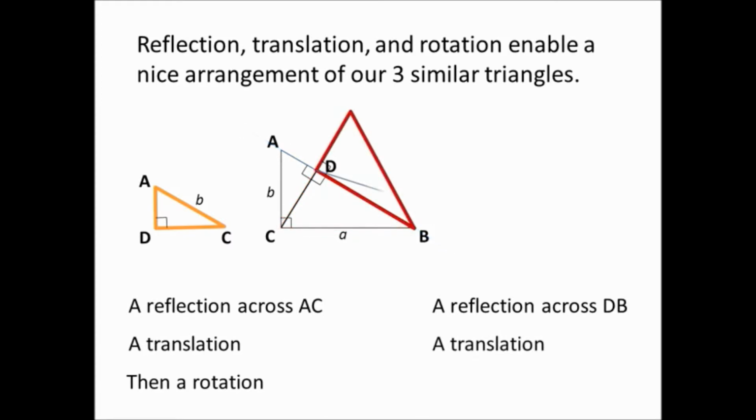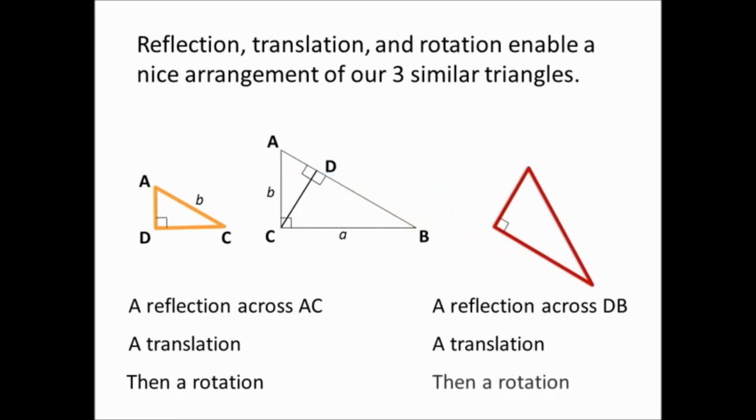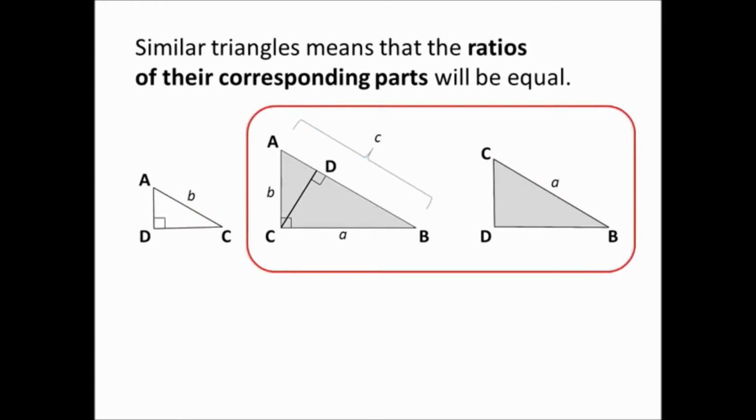A translation. Then a rotation. Similar triangles means that the ratios of their corresponding parts will be equal.